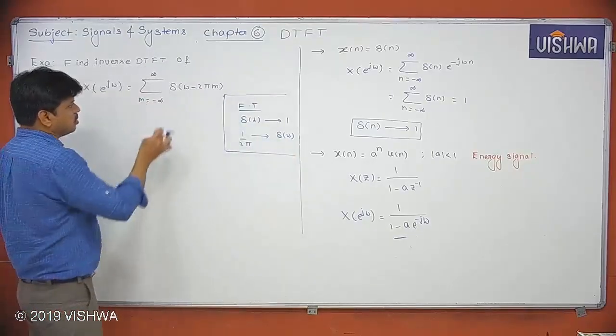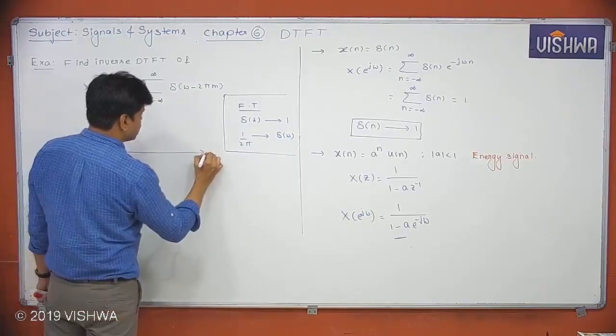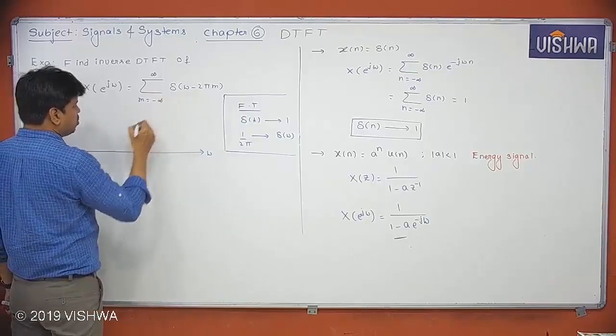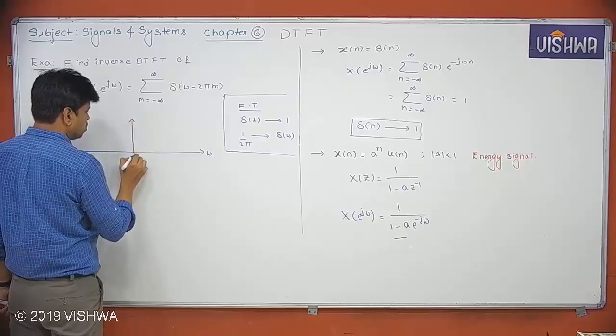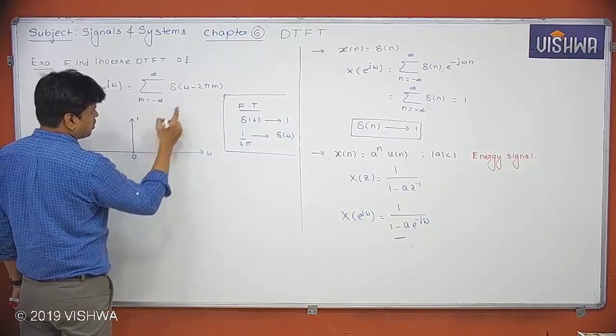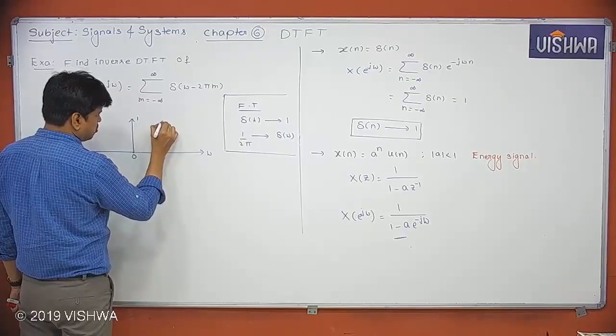If I draw this function with respect to omega, how is it going to look? If m is equal to 0, delta omega at 0 we have 1. Next, if m is equal to 1, delta omega minus 2 pi.